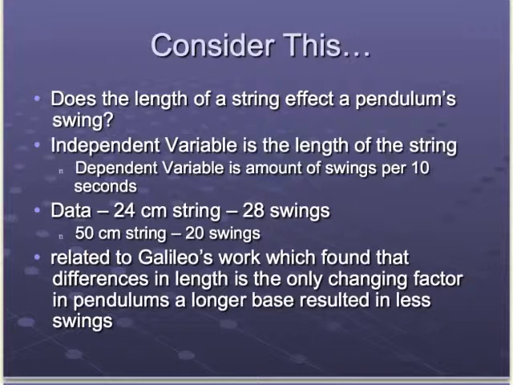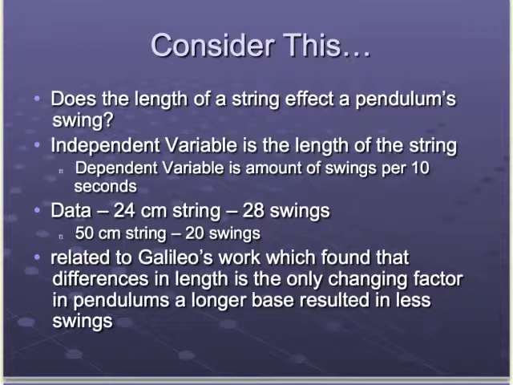We've done background research even before we got started that related back to a famous scientist's work, Galileo, who found that differences in the length of the string are the only changing factor in pendulums, because a longer base will result in fewer swings, which totally relates back to what we found here.